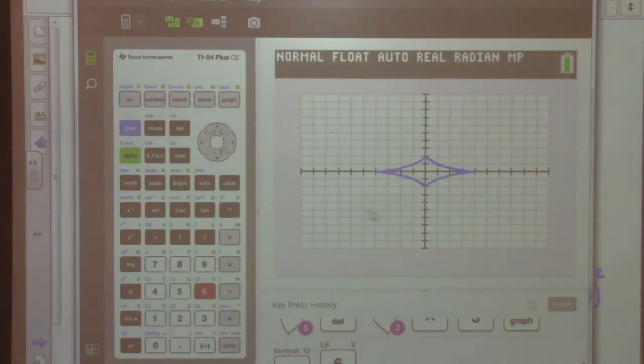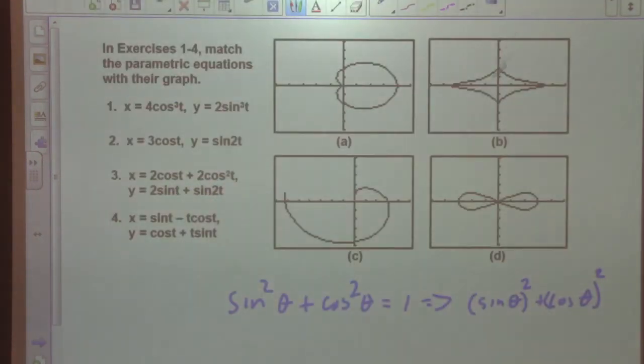Can you see which graph that matches? To work this out, you would say this one here is graph B, right? Robert, did I answer your question? Yeah, I did. Okay, good. Then you're going to enter all these other ones and put them in place and enter. You shouldn't have any trouble entering these things.